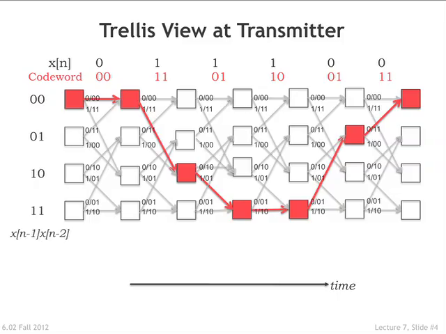So if I just gave you the contents of that box, could you tell me what the input was at the previous time? If I just told you that the contents of that box are 1 and 0, can you tell me what the input was at the previous time? Yes? It's just the one that got fed in.